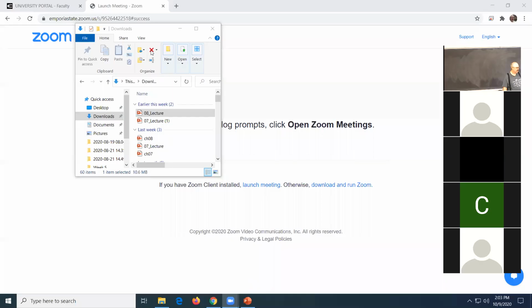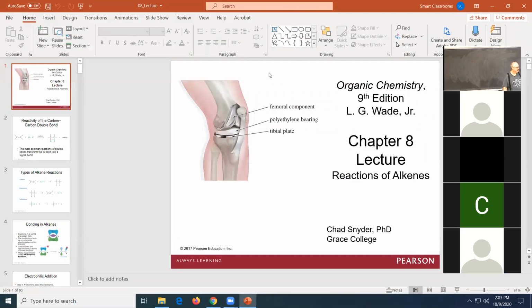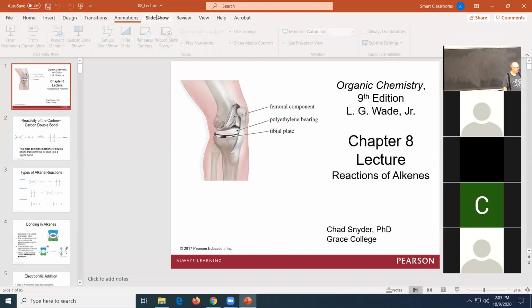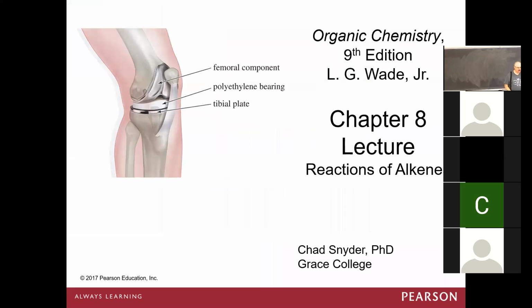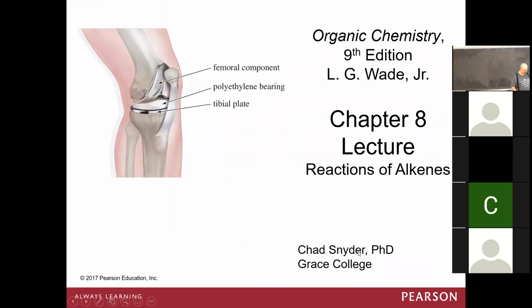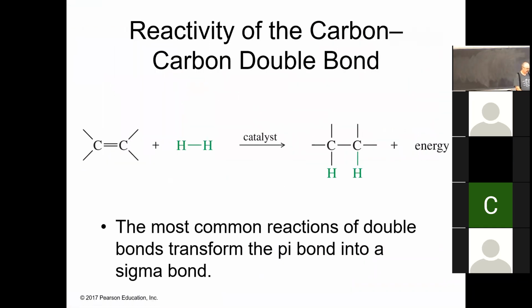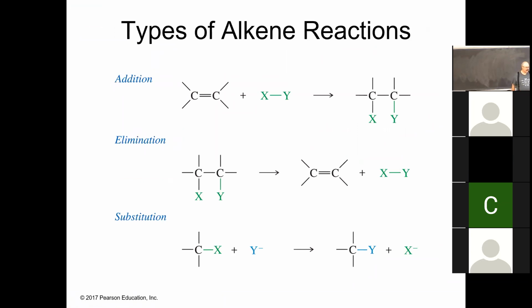I'm going to share my screen. Okay, so we're going to look at reactions of alkenes. And again, this is a summary of three principal types of reactions.